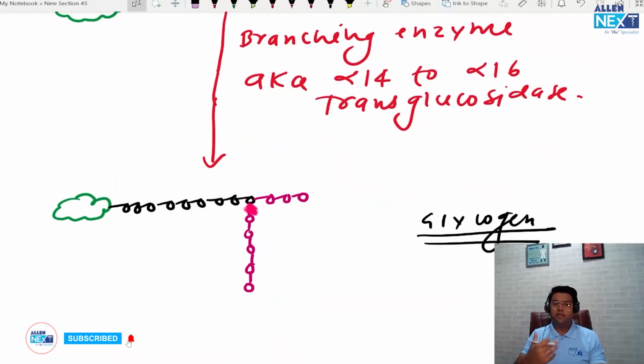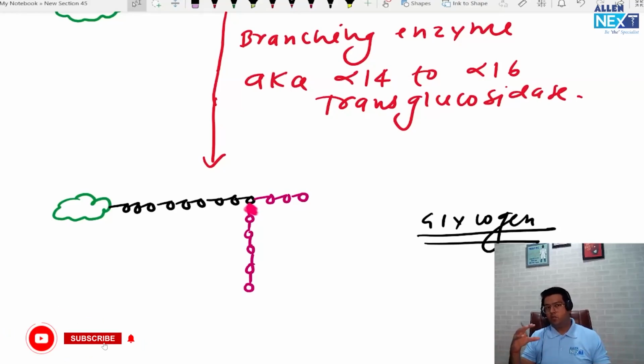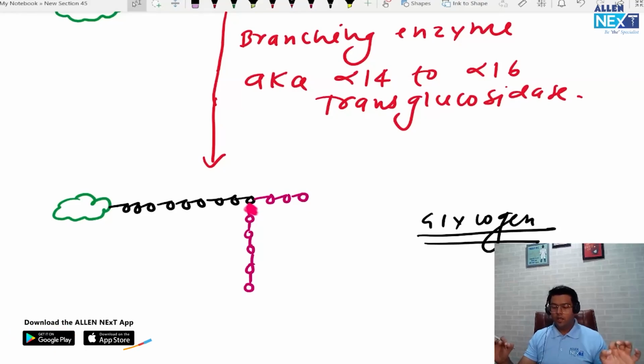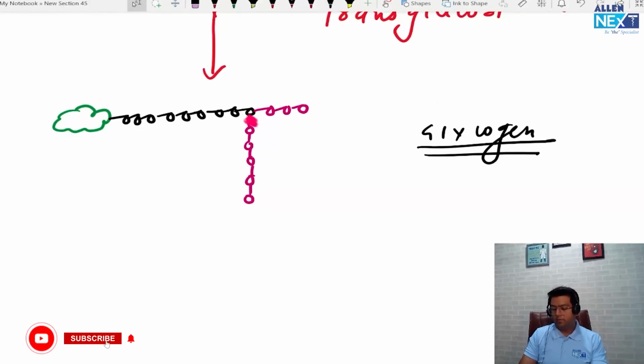Keep on repeating the steps till we get a highly branched glycogen with 60,000 glucose residues, है ना, that is called a beta particle. तो कई बार हम उसको microscopically when we see, that is called a beta particle and it has 60,000 glucose residues around. Okay, that's your glycogen. Okay, so guys, glycogen is now made.